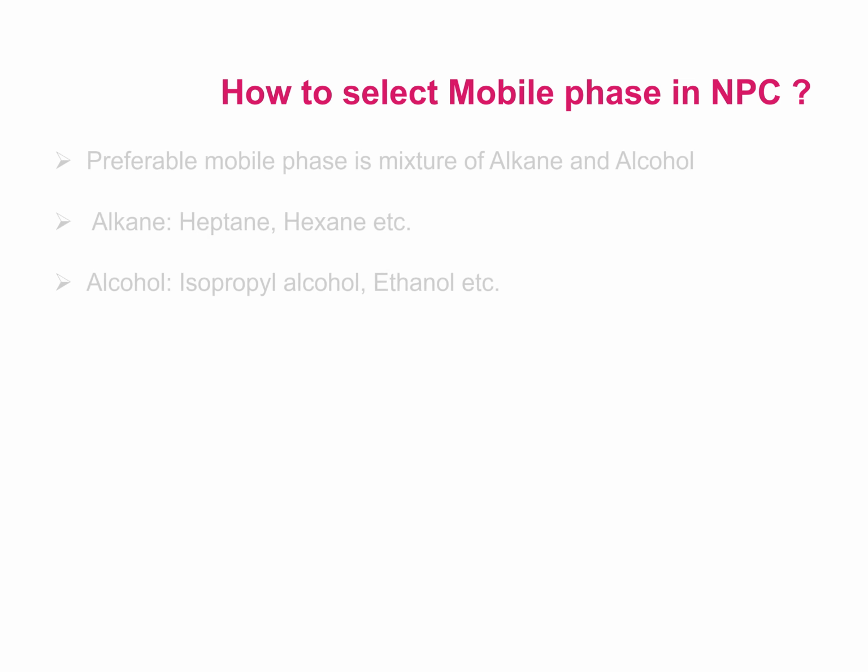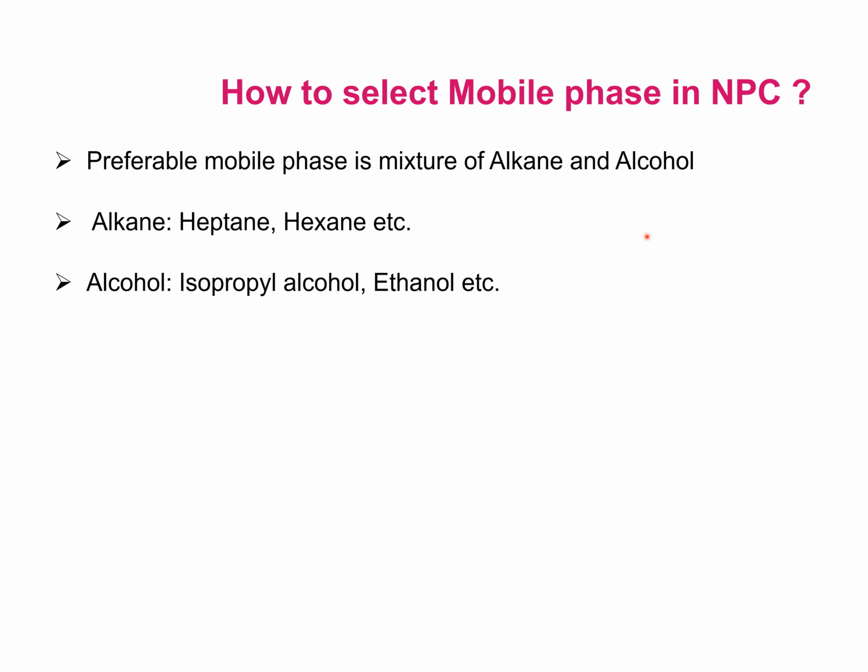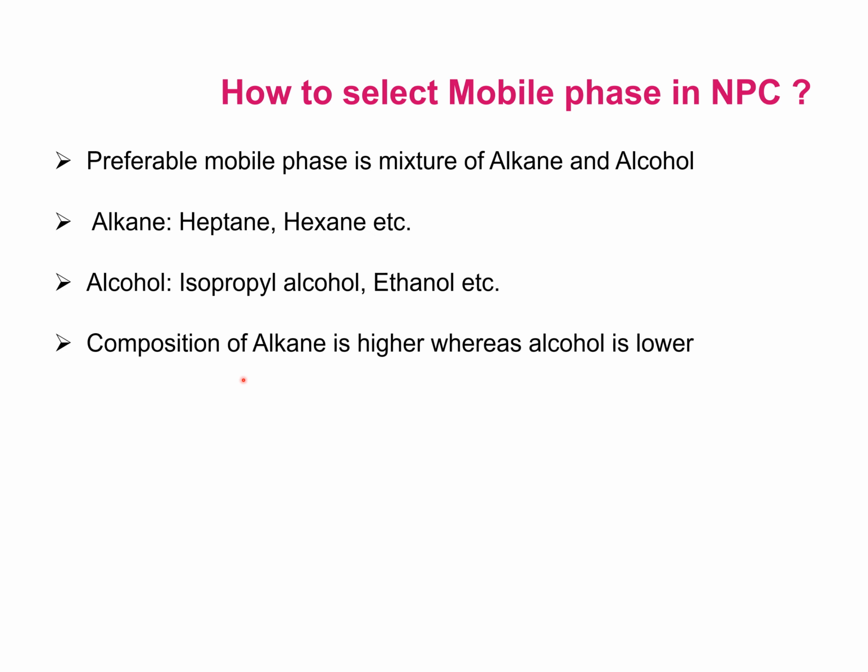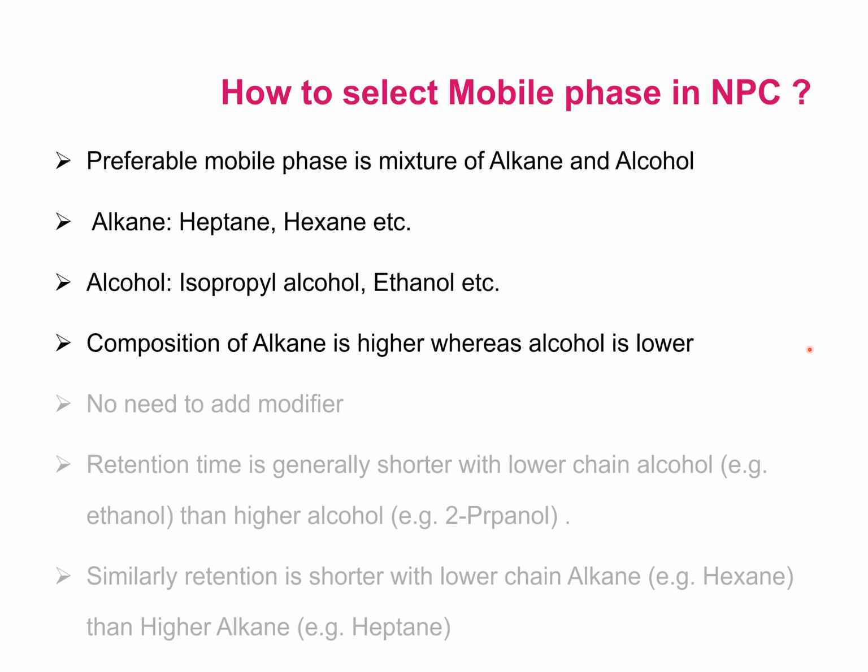How to select the mobile phase in normal phase chromatography mode? The preferable mobile phase is a mixture of alkane and alcohol. In place of alkane, generally hexane and heptane are used. In place of alcohol, generally ethanol and isopropyl alcohol are used. The composition of alkane is higher whereas alcohol is lower.